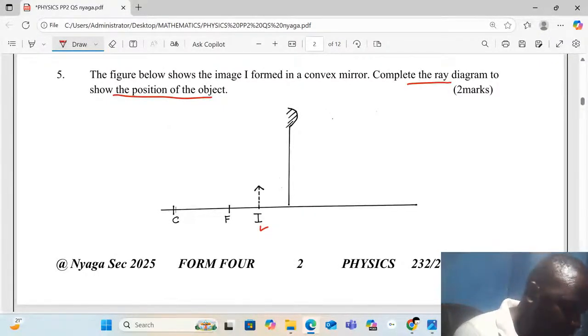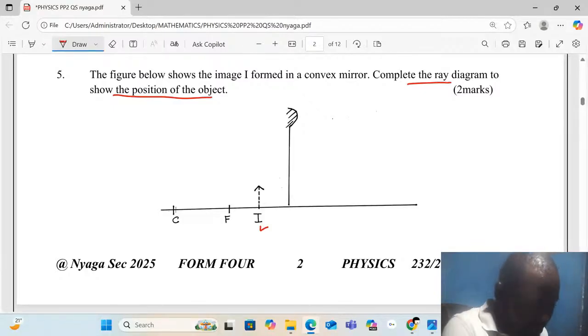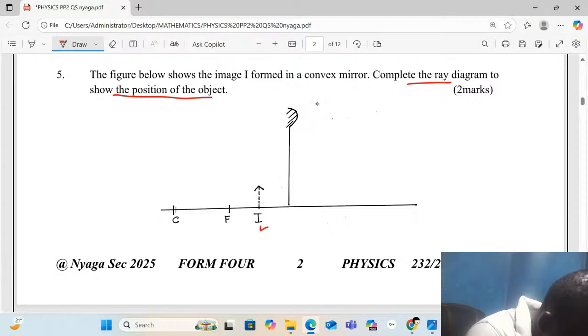Therefore, in this case, we'll be having the first ray, which is a ray close and parallel to the principal axis. Then it is reflected through F. So now I must identify that which is reflected through F like this. Then my ray will be like this.